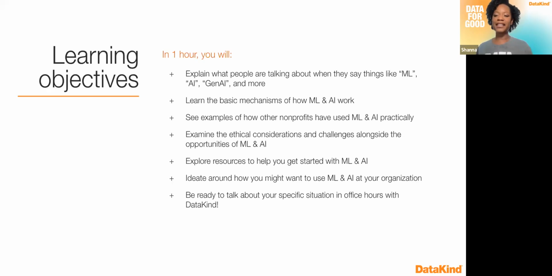We're going to talk about examples of how this technology is used in the social impact sector, examine the ethical considerations and challenges alongside the opportunities, explore resources that can help one get started, and be ready to talk about your specific situation or questions you have if you want to opt into our 30-minute office hours.